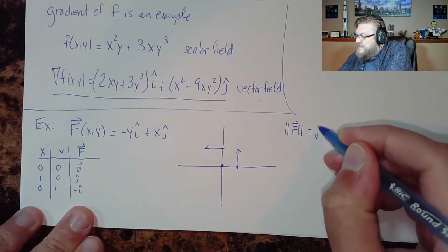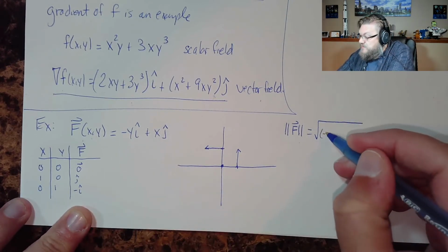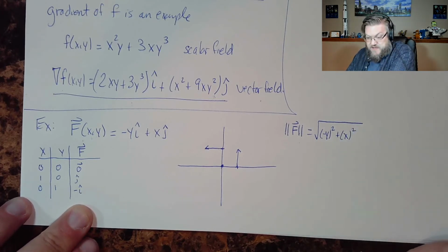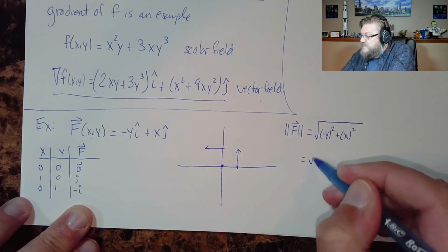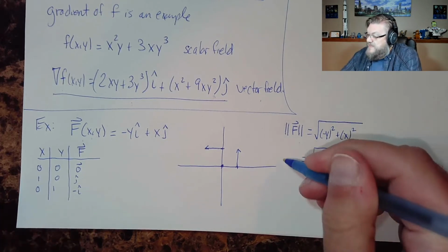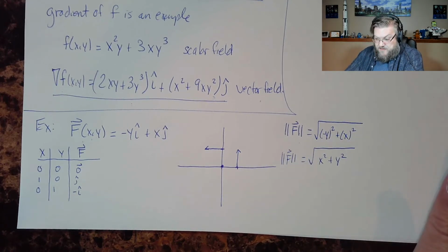Well, let's go ahead and calculate that. That's going to be the sum of the square of the components, the square root of that. So I'm going to get negative y squared plus x squared. And so, of course, that's going to be the square root of x squared plus y squared, right? That's the magnitude of all of my force vectors here, or my field vectors, yeah?